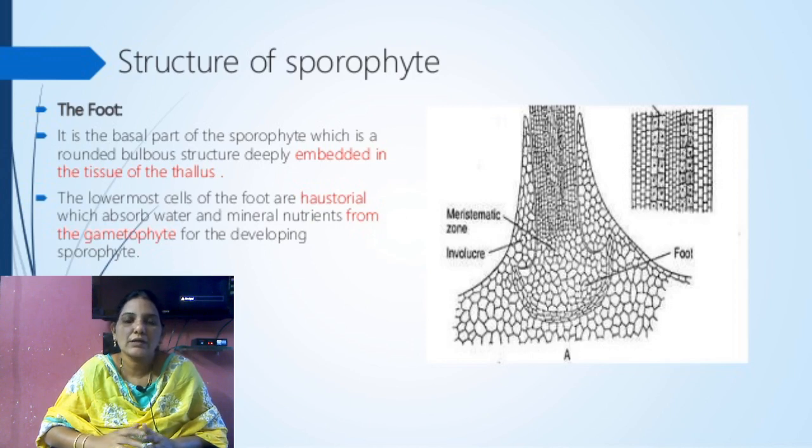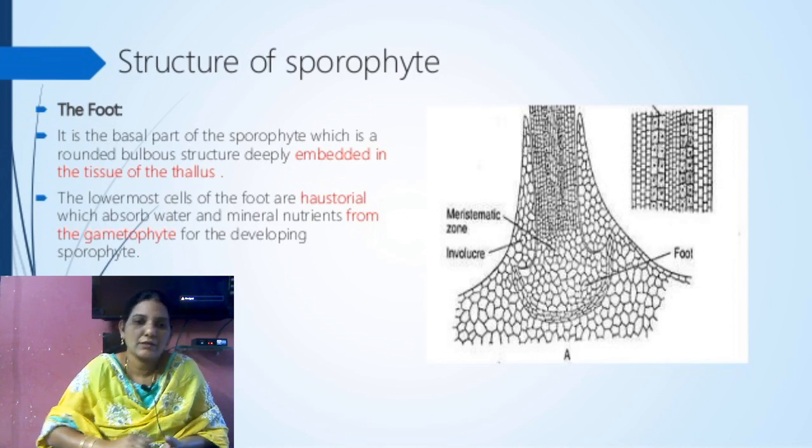So the epidermis has chloroplasts. The epidermis has stomata. The stomata contain chlorophyll cells, so they participate in photosynthesis. This Anthoceros sporophyte is partially dependent on the thallus.